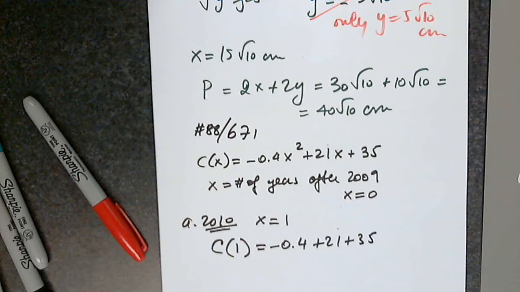Here's x. This key right here under mode, that's where the variable is. Here's the power 2 where it says x squared. And then plus 21x, and plus 35.